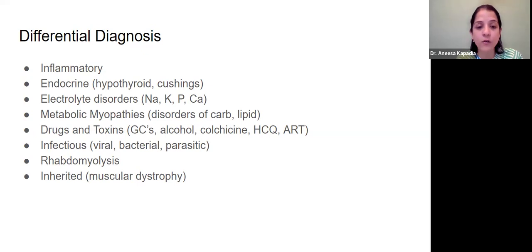And of course, drugs, many of our patients are put on glucocorticoids. So some amount of their muscle weakness may be coming from the corticosteroids. And of course, all the complications as well as infections which cause myositis. So before we jump to a conclusion and immunosuppress our patients, we must know that it's none of these other factors that we are dealing with. And it's important to rule out these things first and foremost.